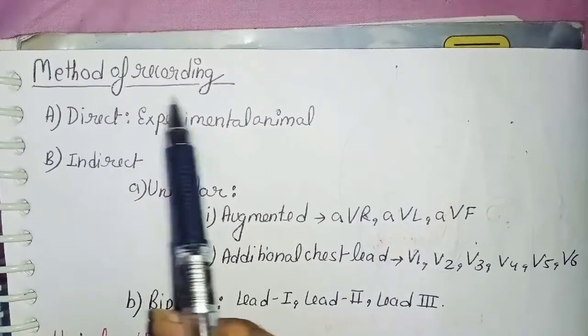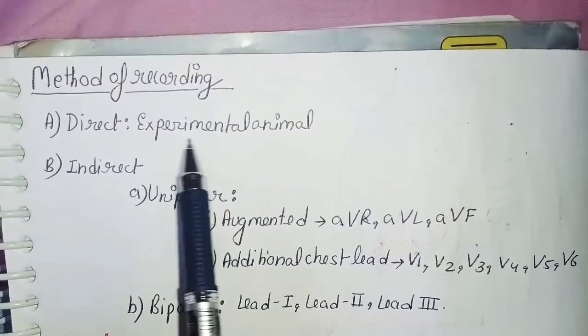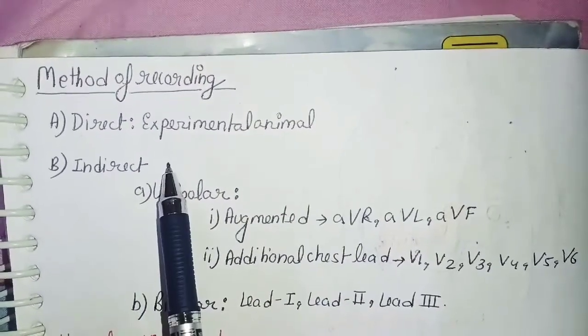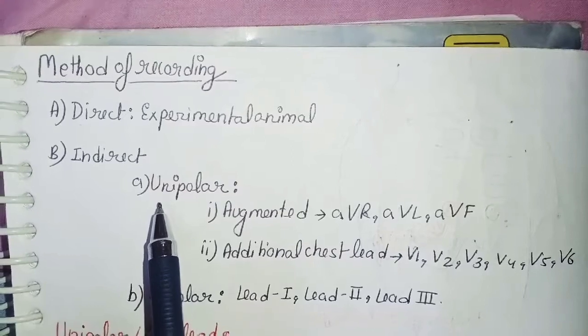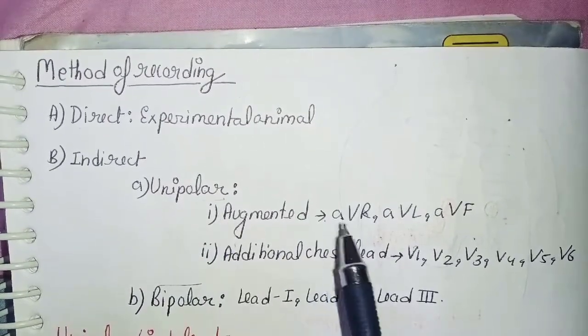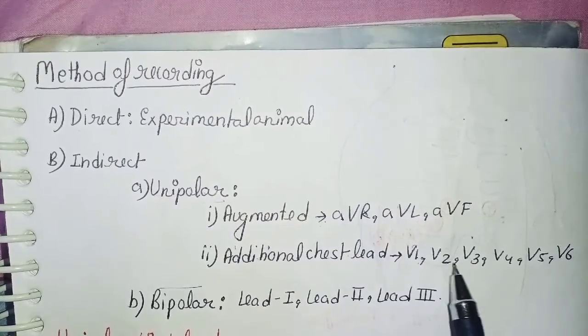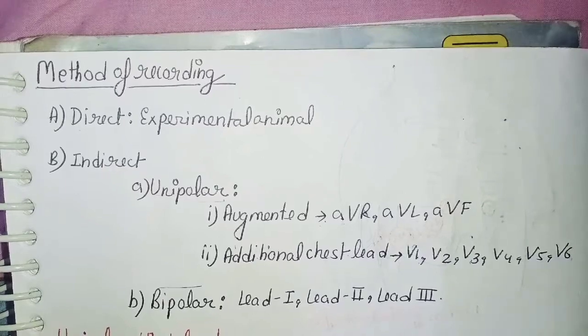Now the method of recording. There is a direct method, that is on experimental animals, and an indirect method in which there are unipolar and bipolar leads. In unipolar, there are augmented leads AVR, AVL, AVF and additional chest leads V1, V2, V3, V4, V5, V6.